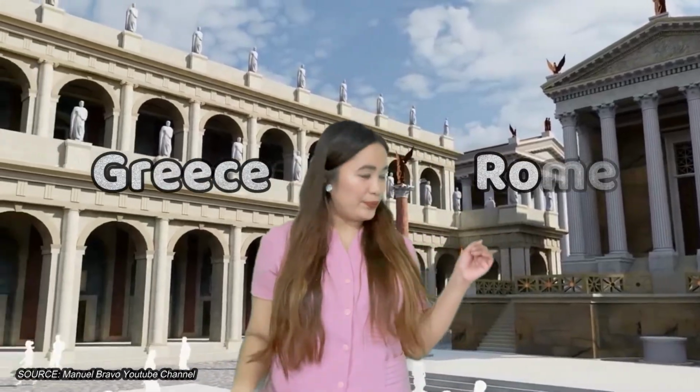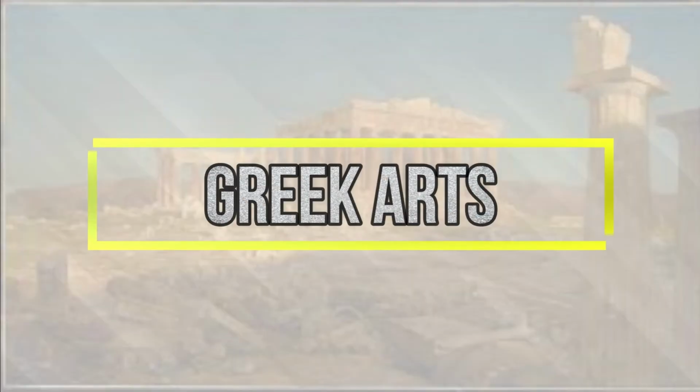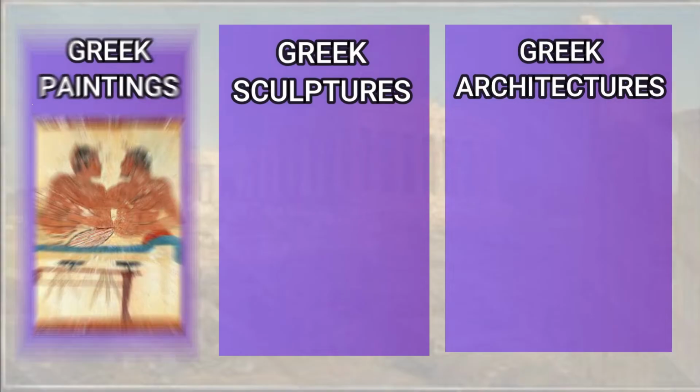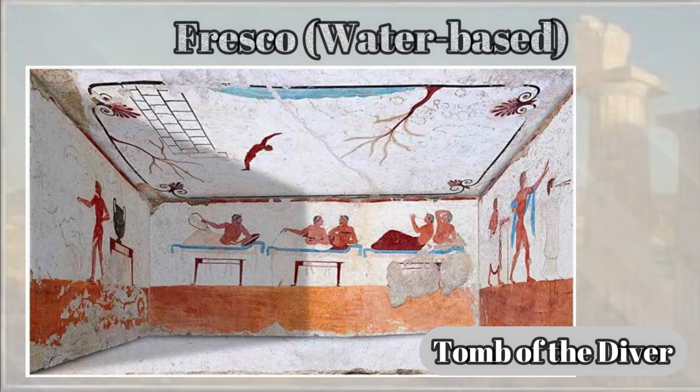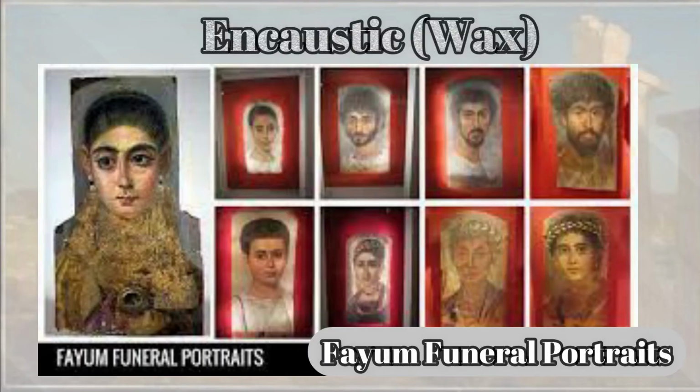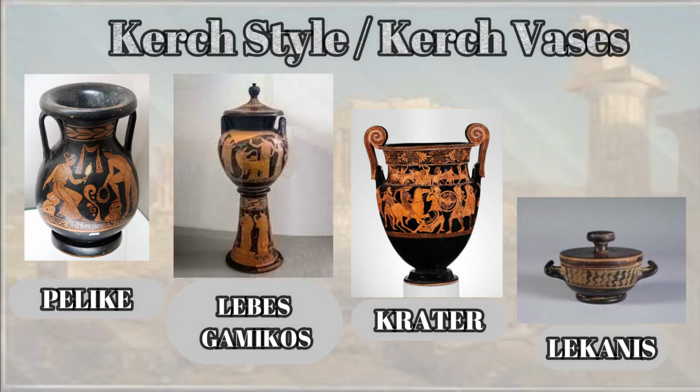Now, let us travel 900 years back to classical antiquity, ancient Greece and Rome. Greek paintings. The two most popular techniques of Greek painting are fresco and encaustic. Kerch vases is a style of vase painting named after the ancient Greek city in Kerch, Crimea.